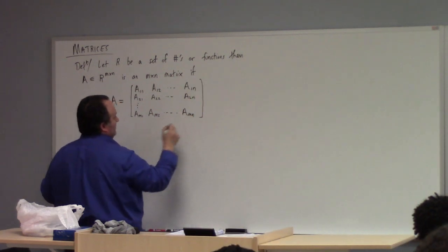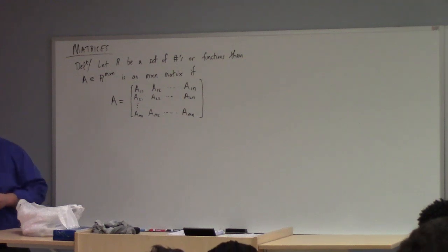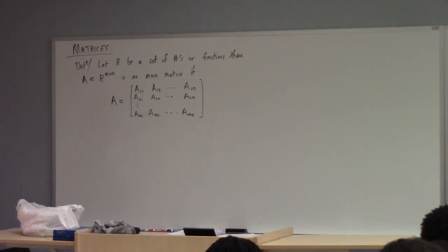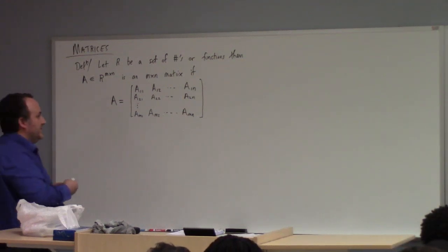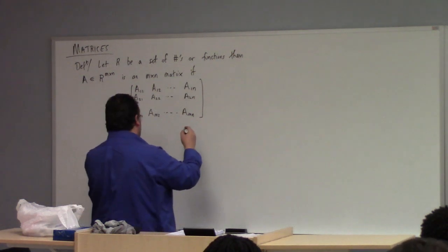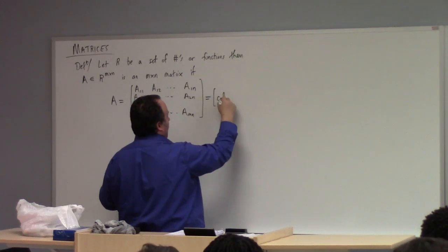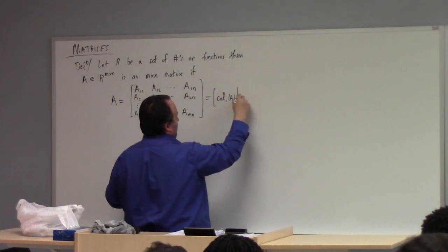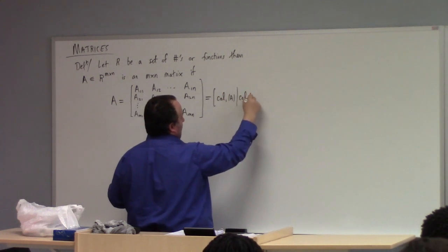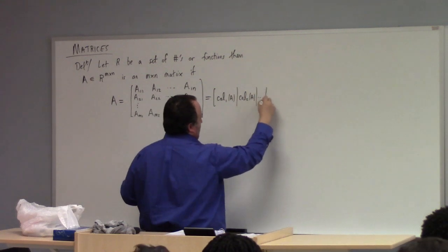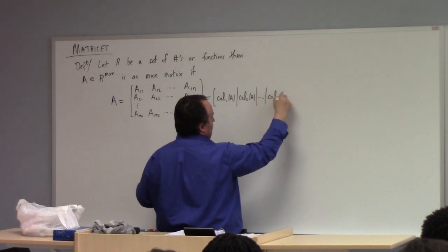All right. So we can either think about a matrix as a bunch of columns glued together or a bunch of rows glued together, right? One way to look at it is it's column 1, then there's column 2, and so forth. Eventually you get to the nth column.